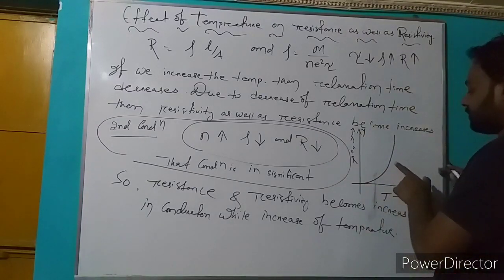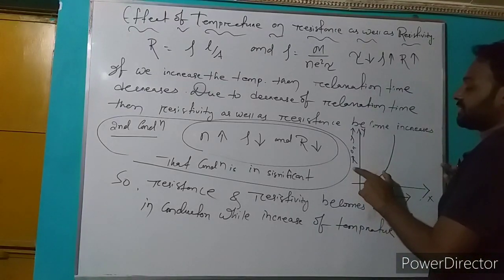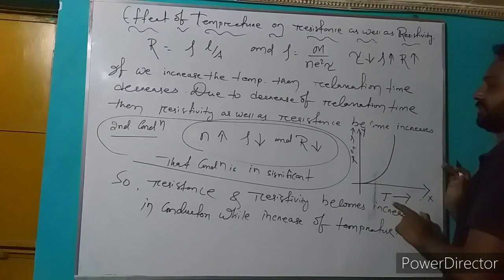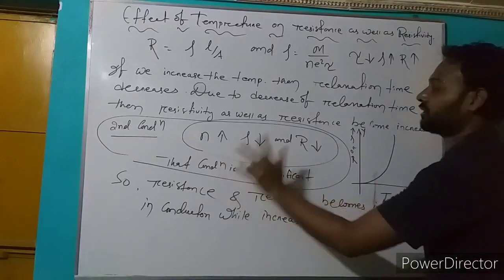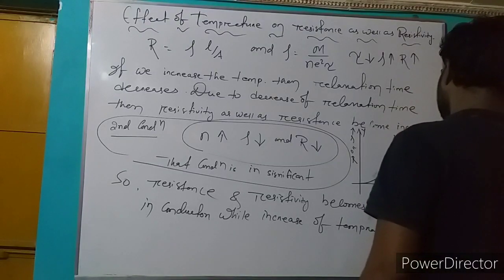So the graph becomes this one. This is the graph of resistance or resistivity with temperature in the case of a conductor. Clear?